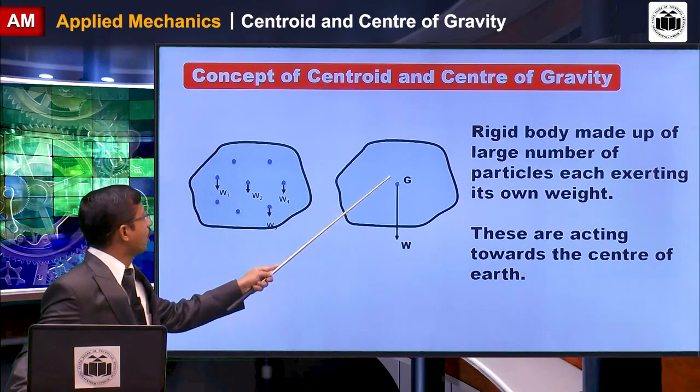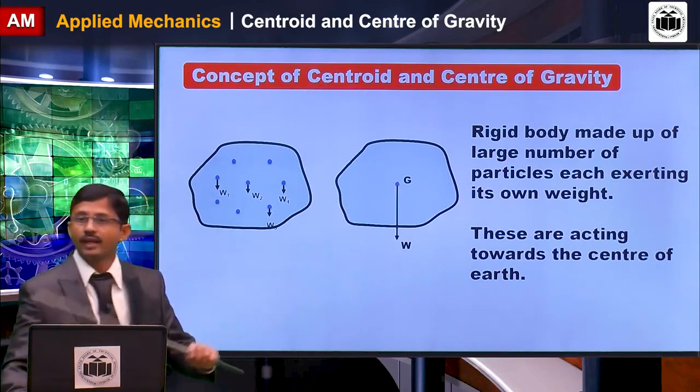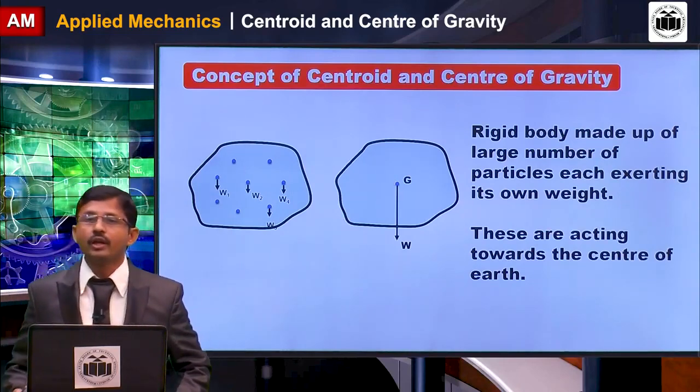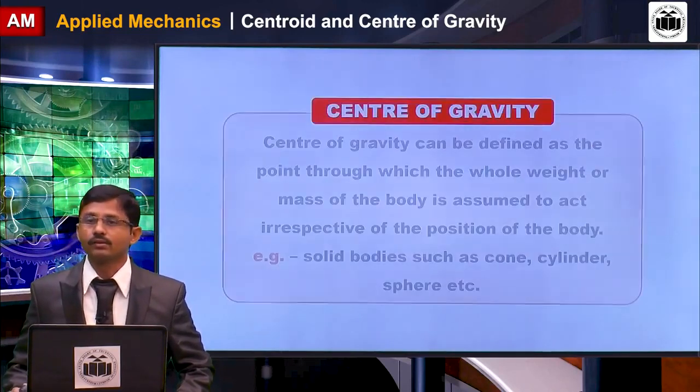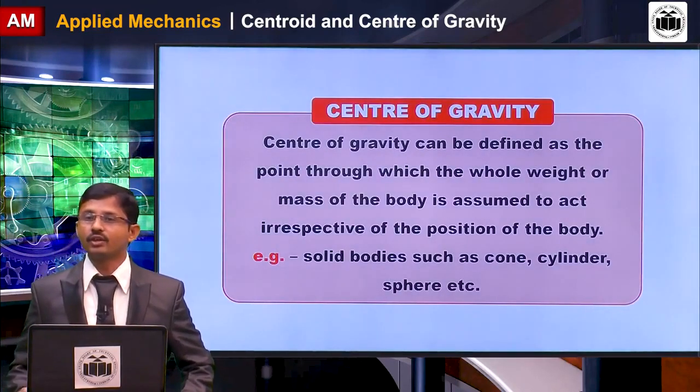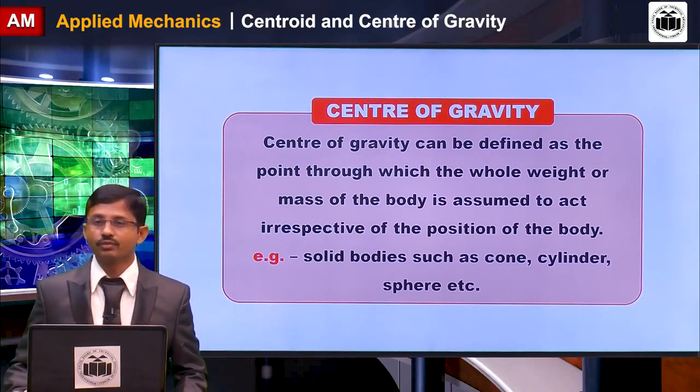This point is called the center of gravity of that irregular shaped lamina. So we can define the center of gravity as the point through which the whole weight or mass of the body is assumed to act irrespective of the position of the body.